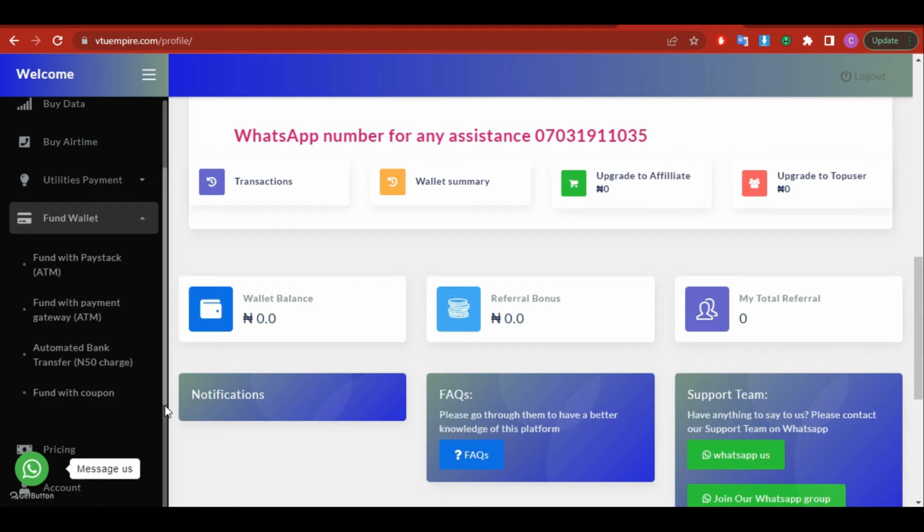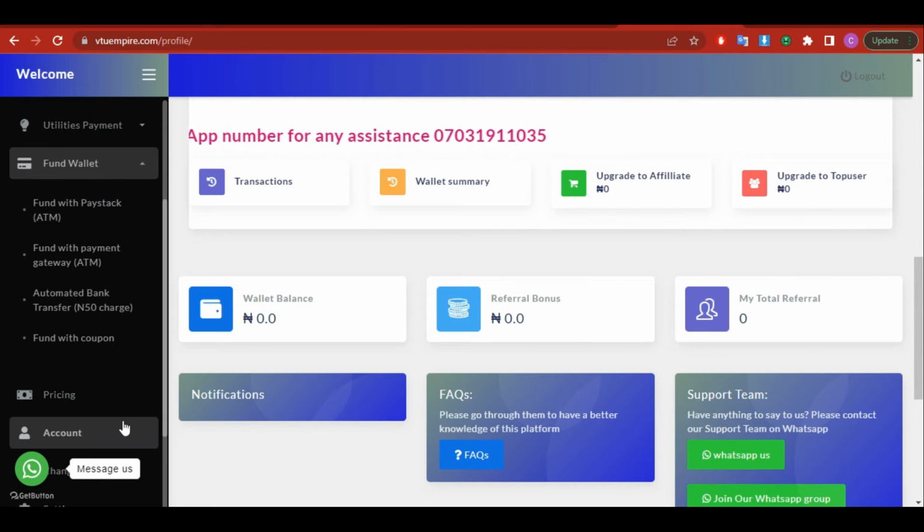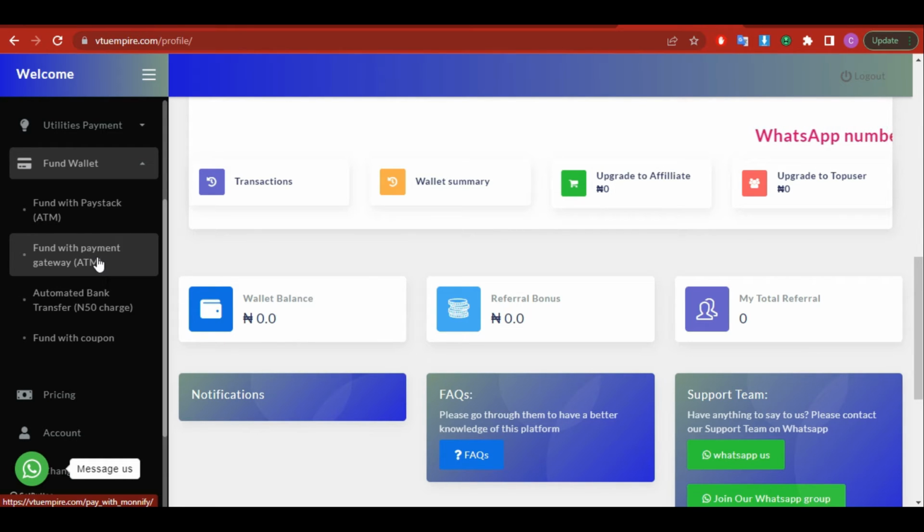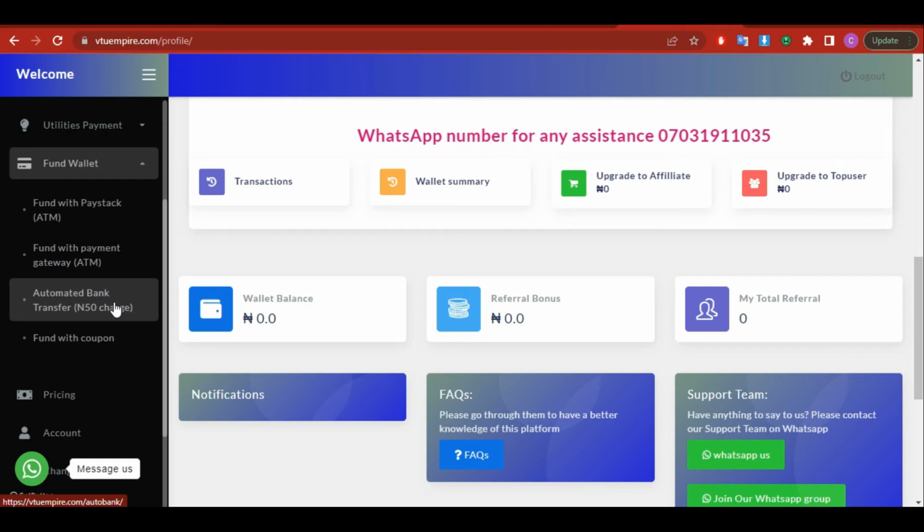You can fund your wallet through this means. You can fund with Paystack with your ATM card, or still with your ATM card. Fund with your payment gateway. Then automated bank transfer. You have to add 15 naira when you're transferring the money.